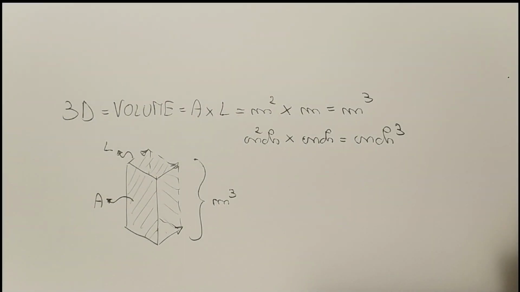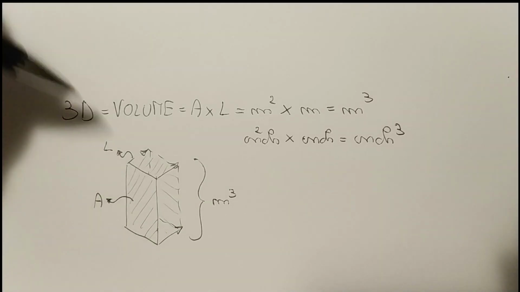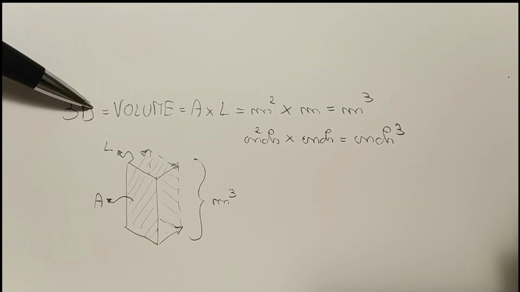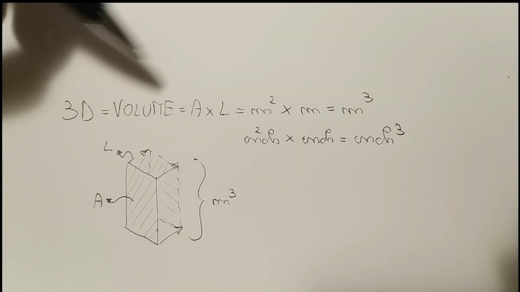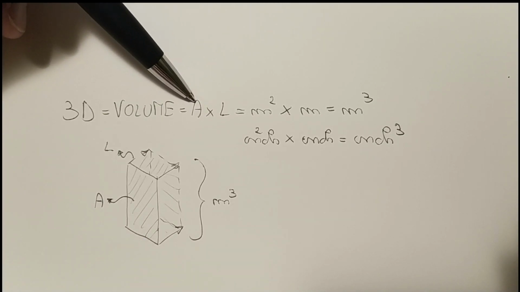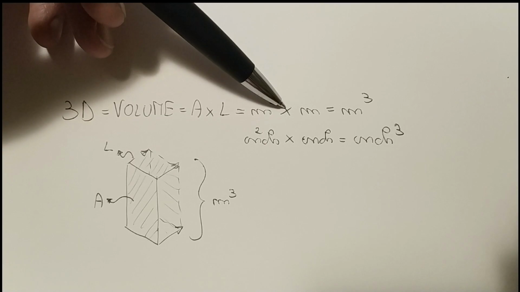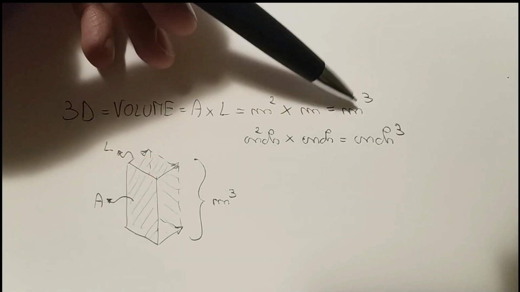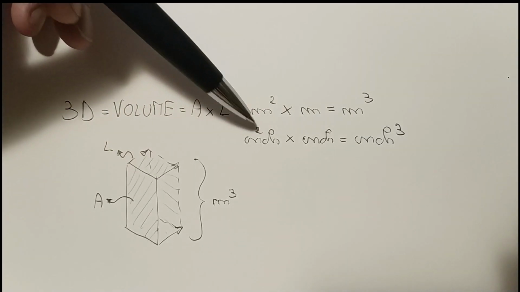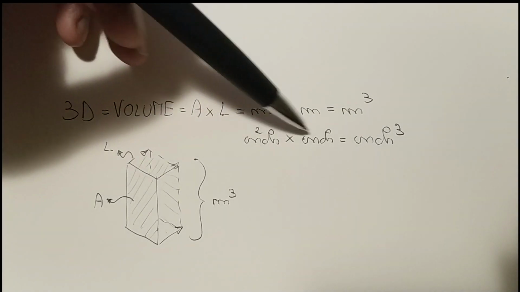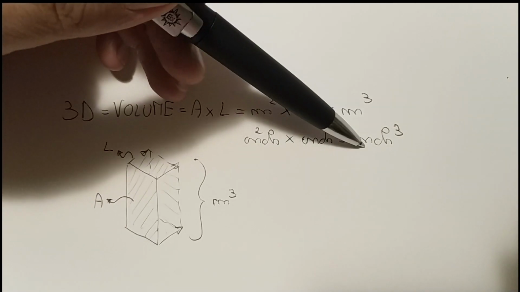Before modeling, this is the only equation that you have to remember. If you understand this, and in particular if you remember this, you will understand the 3D program. So here is right that a 3D is a volume. So a 3D model is a volume and can be obtained, for example, starting from an area by a length: square meters by meters equal cubic meters, or in inches, square inches by inch equal cubic inches.